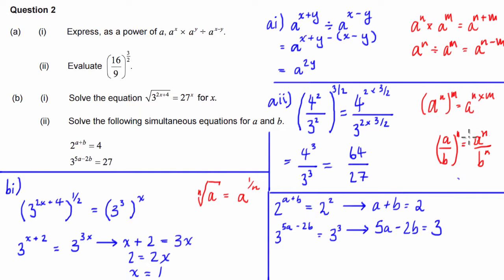Because I'm going to use the substitution method, I'm going to say in the first one, b is equal to 2 minus a. I'll put an underline under that because that's going to be useful for me later. I'm then going to substitute b into this second equation.